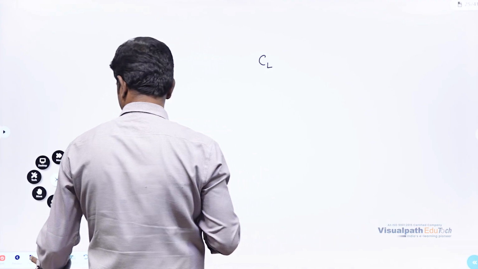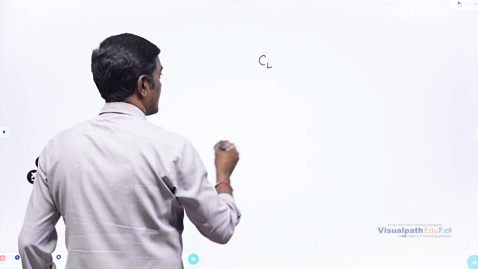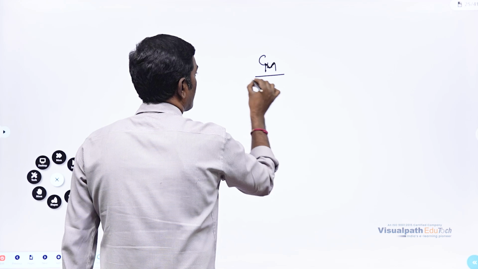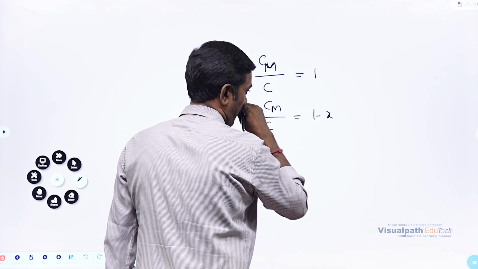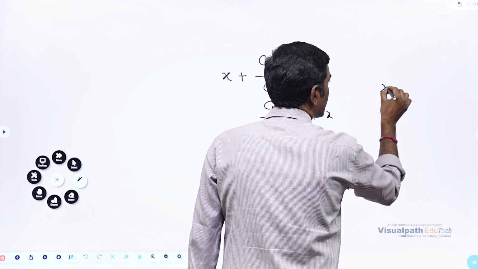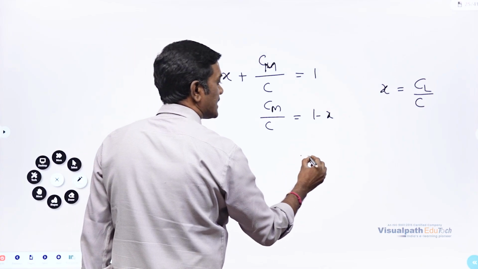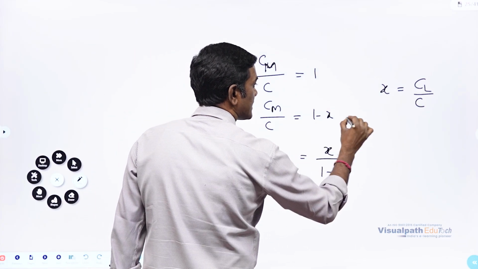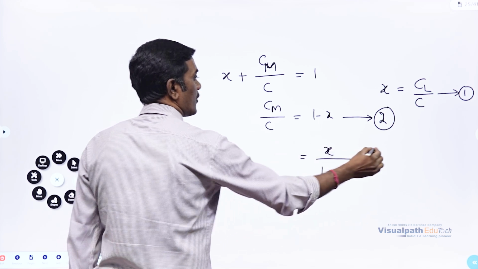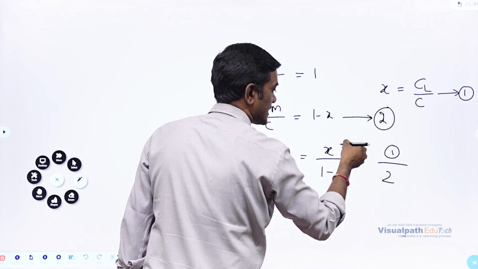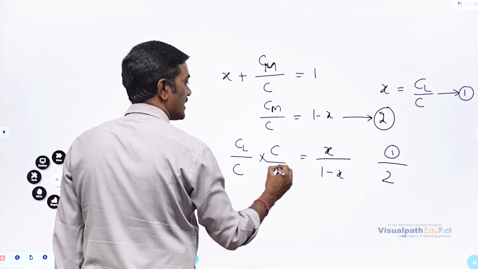So Cm by C is equal to 1 minus x, and already we know that x is equal to Cl by C. If you divide these two, taking the first equation divided by the second, that is x by 1 minus x, it is Cl by C times C by Cm.